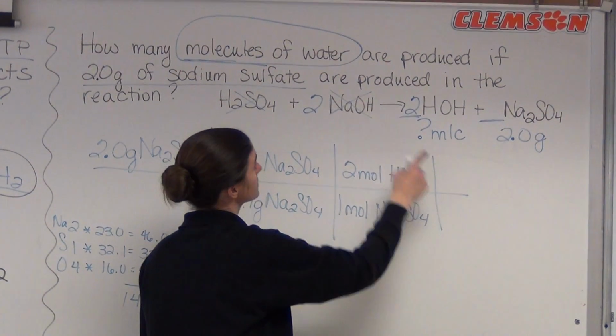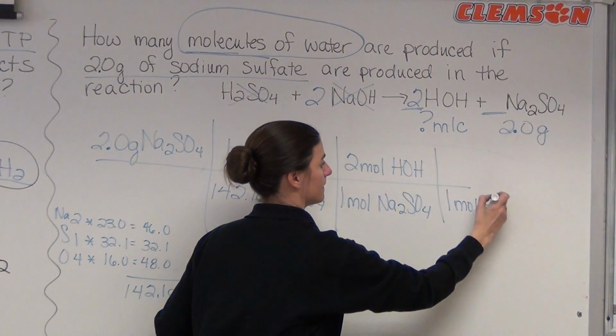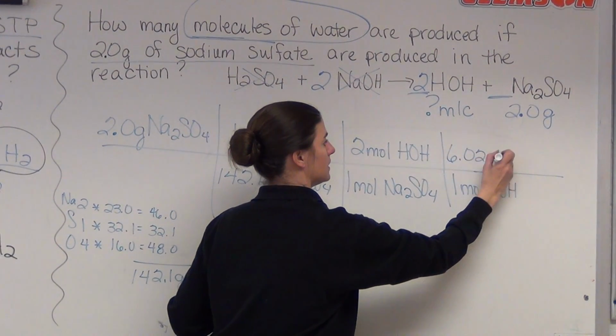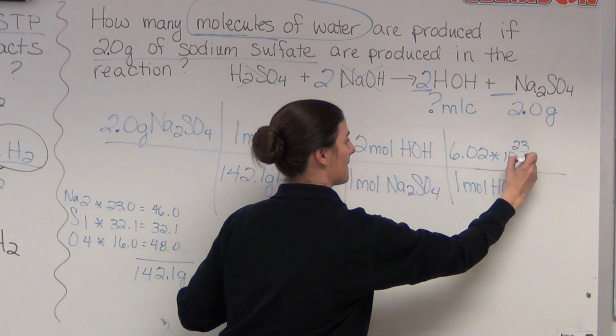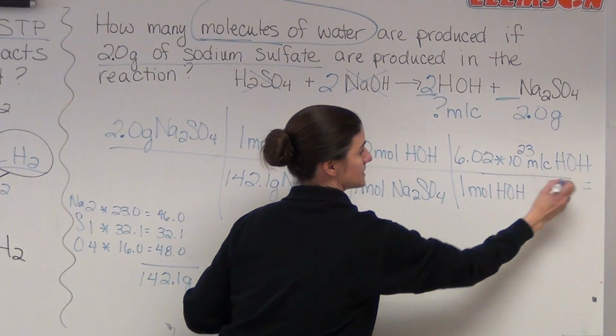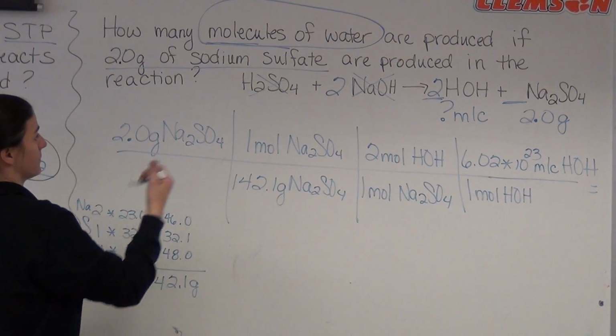Now we're going from moles to the molecules. 1 mole is equal to 6.02 times 10 to the 23rd molecules of HOH. Again, that's Avogadro's number. We can cancel everything out.